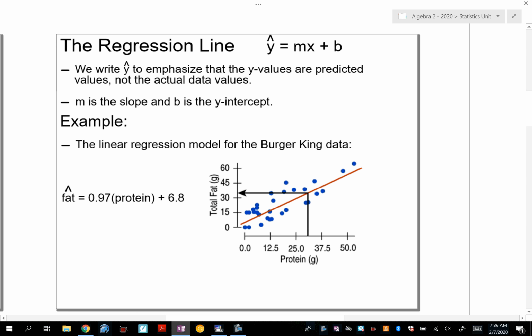You guys see the model here? It's in slope-intercept form. So all that work you did in Algebra 1 is going to pay off when you get these questions on the SAT. Here's an example down here. You can see the blue dots in the scatter plot, and the red line is our least squares regression line.